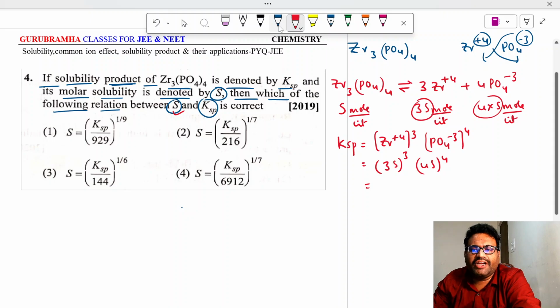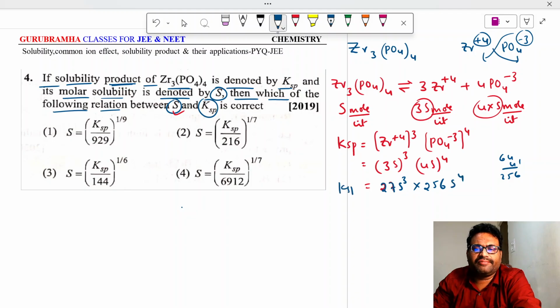Then what do you get? 3 cube is 27, S power 3, into 4 power 4, which is 256, S power 4.